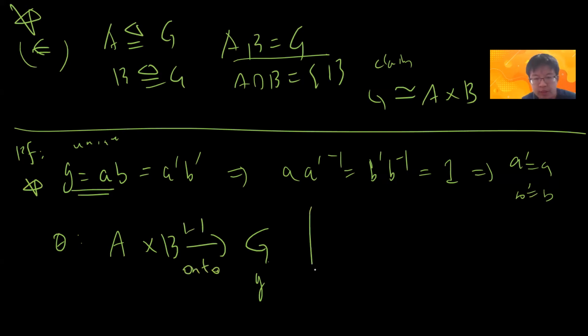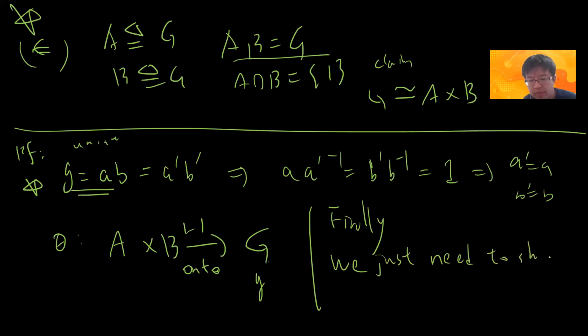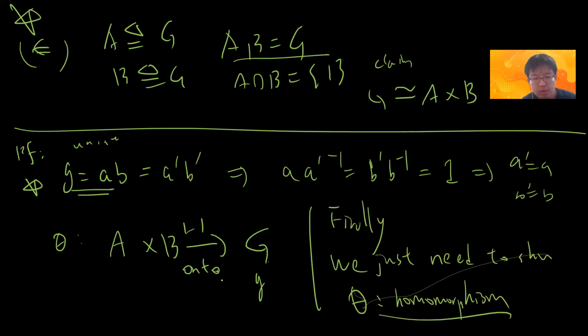Finally, we just need to show theta is a homomorphism, because it's one-to-one and onto, so if theta is a homomorphism, then it is an isomorphism. This map takes (a, b) to ab.